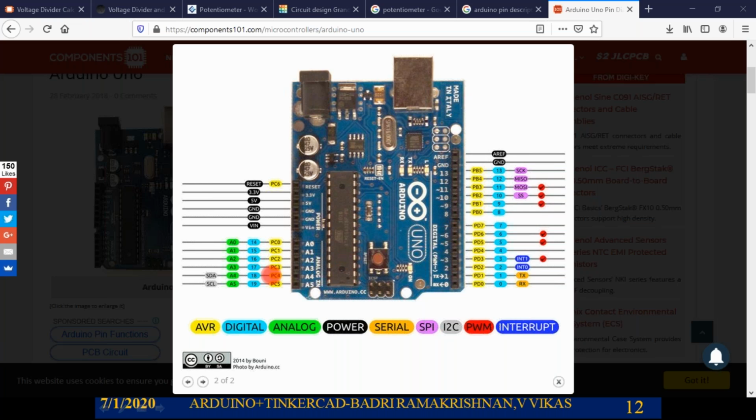Now the question is, what is the difference between analog and digital? When I consider digital, you are going to have only two values. For example, a computer can understand only zeros and ones, right? The machine can understand just 0 or 1.